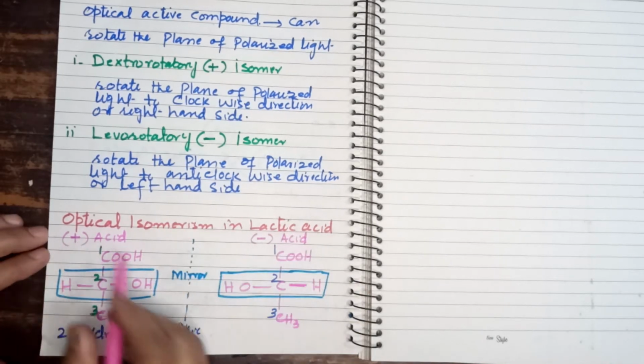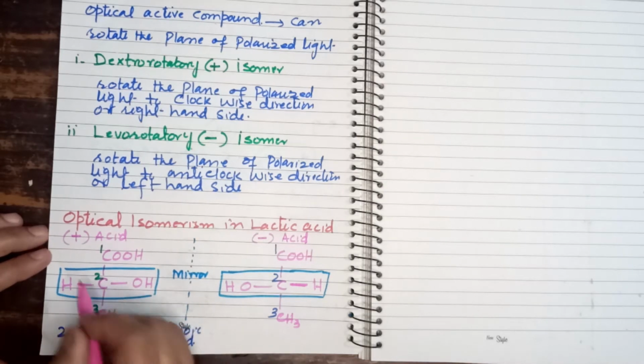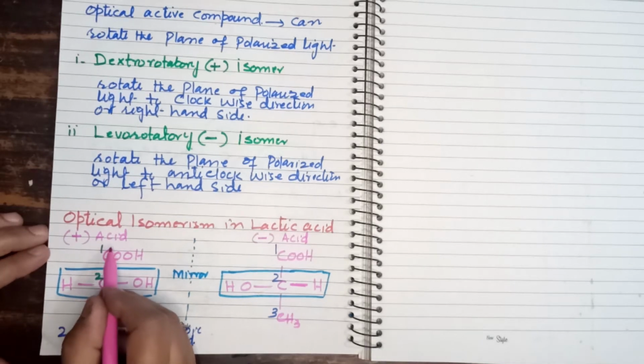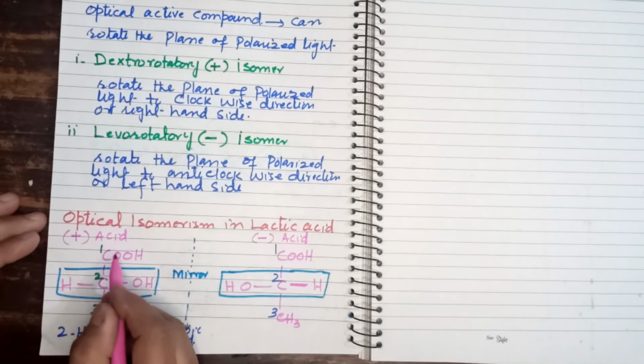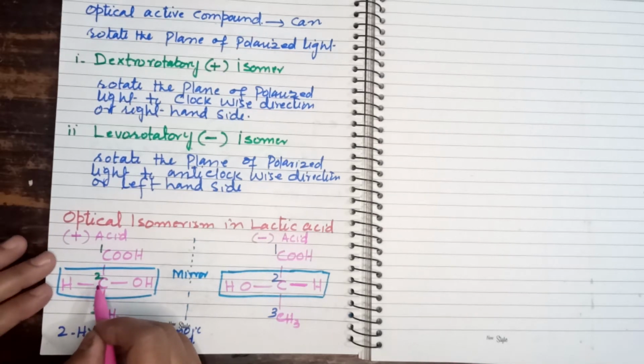Plus shows this form of 2-hydroxypropanoic acid or lactic acid rotates the plane of polarized light to right hand side or clockwise direction, right, students? And it is optical active compound.